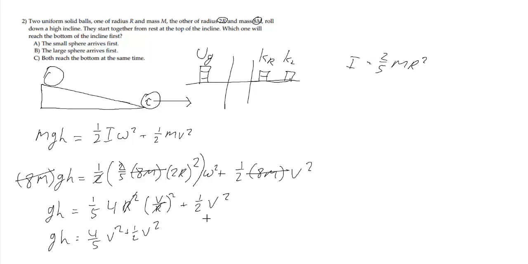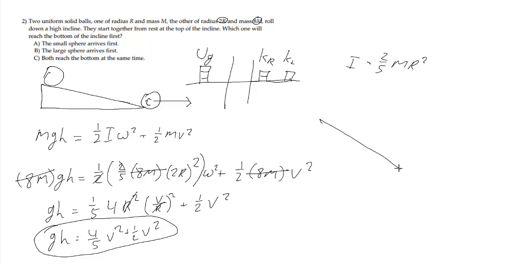If you need to prove to yourself, you would do the same thing here that we did with this one, only instead of 8m, you just have m, and instead of 2r, you have r. But realizing here that there's no function of m or r tells us that they will both actually have the same velocity when they reach the bottom, which means that their acceleration was the same, which means that the time they took to get to the bottom was the same.